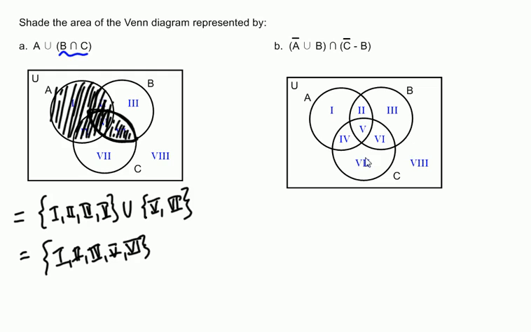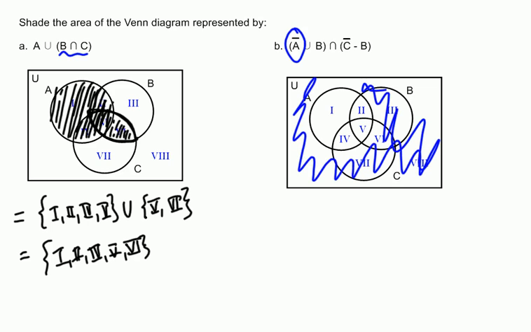Okay, so now we have our diagram, and we're going to start with A complement. Now the one thing you've got to be careful about when you have three sets is A complement should be everything outside of A, and that includes the outer region.